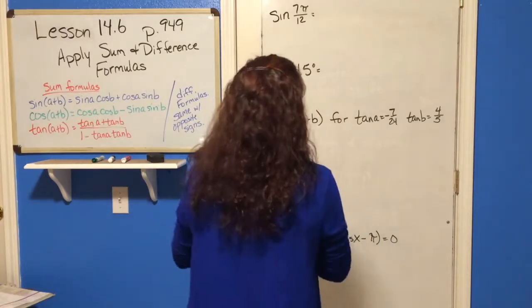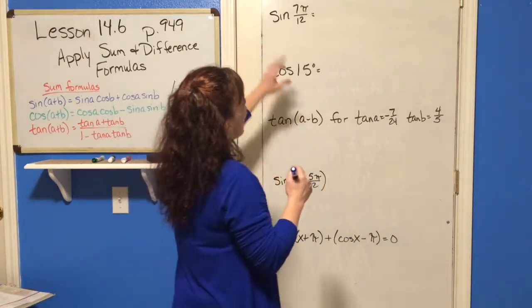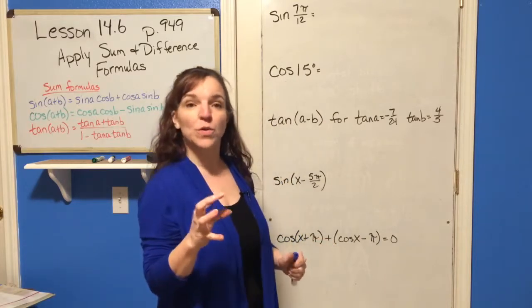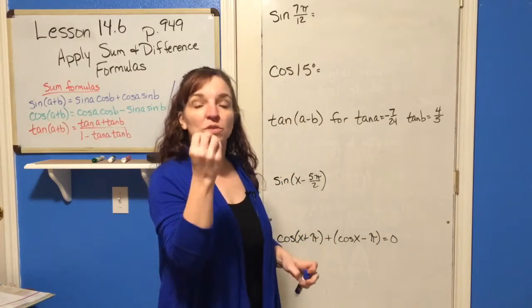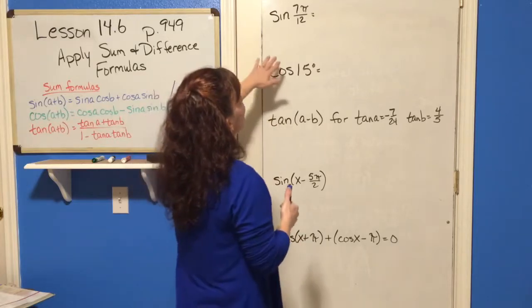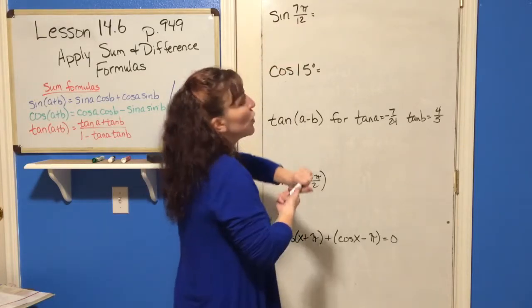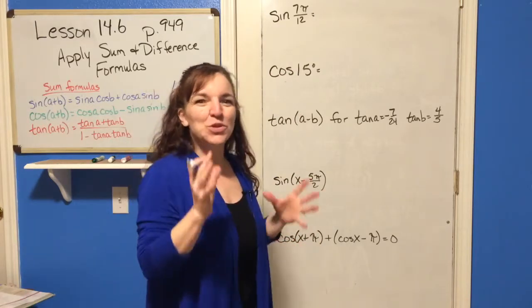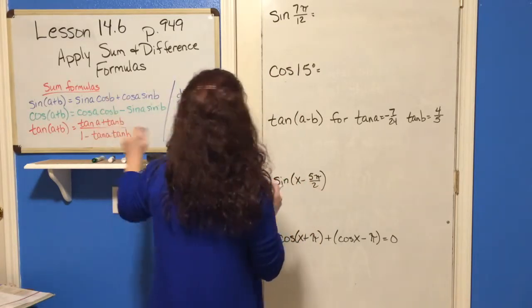Here we go. The first couple of examples, and the first set of your homework, is going to say to evaluate exactly the sine of 7 pi over 12. Now, what I want you to do is use these formulas.